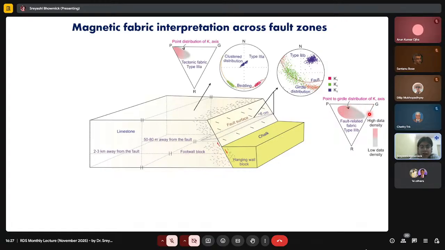Now, if we move away from the fault zone, for example, 50 to 80 meters away, we see that this distribution is changing from girdle into clusters. Now, this type of clusters resembles the tectonic strain field. So therefore, it is called the tectonic fabric. And because it shows a perfect cluster, it is plotted here in the point distribution.